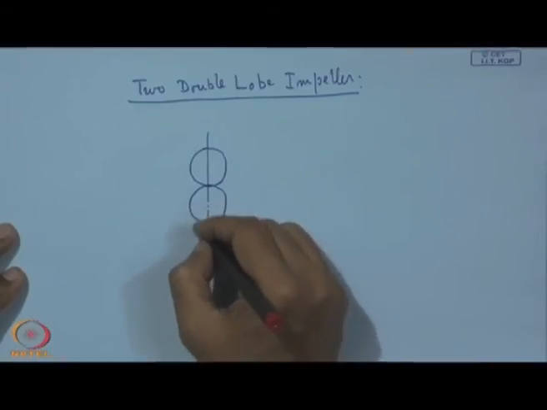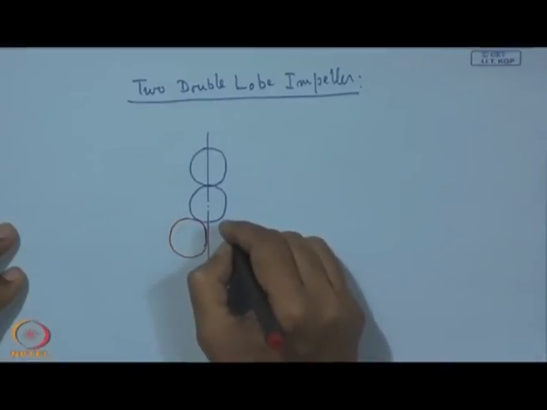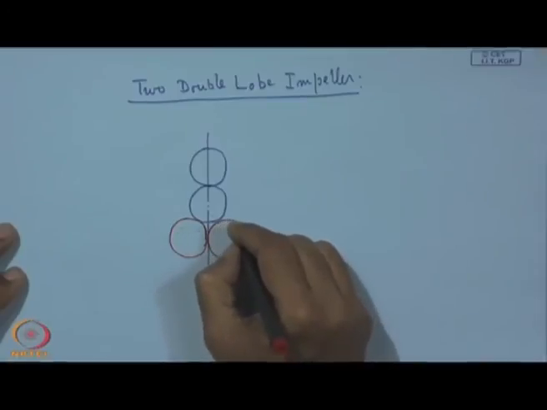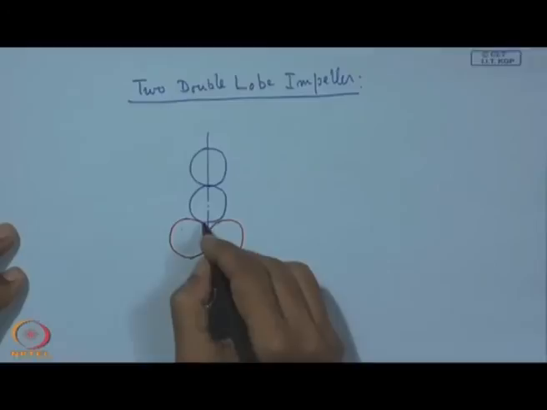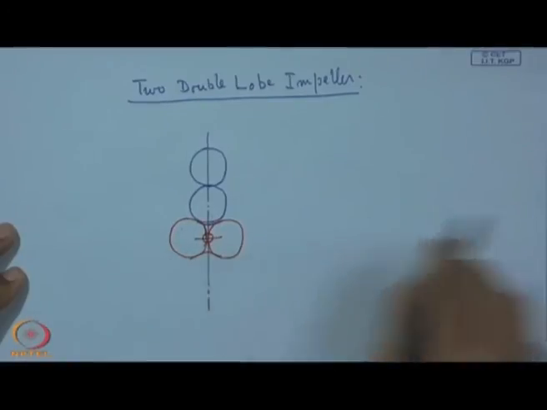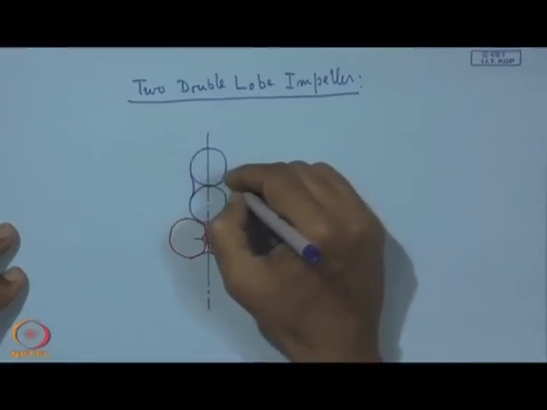And we have another one. So, it is a lobed impeller. So, this is one impeller. That is the axis of rotation, and the top one looks like this.